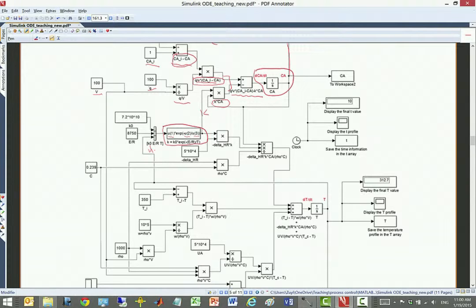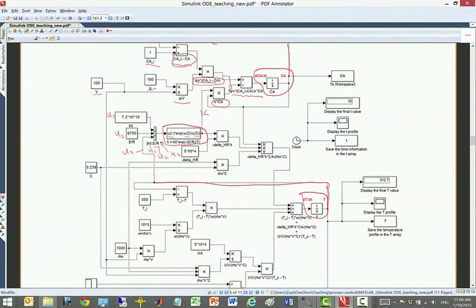We input U1 here, U2 here, and U3 here. And U3 is temperature, from here, the integrator for temperature. By this way, we could get the differential equation for CA.